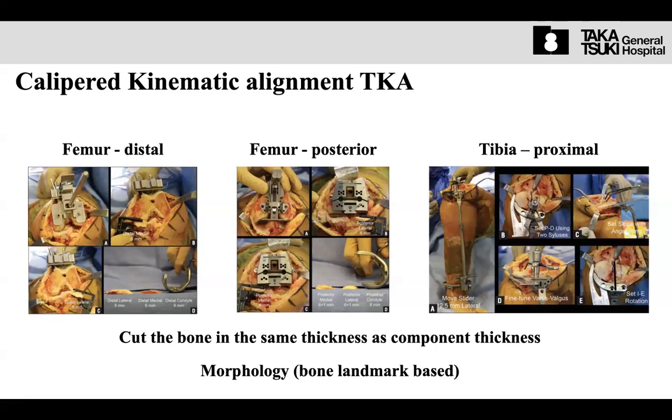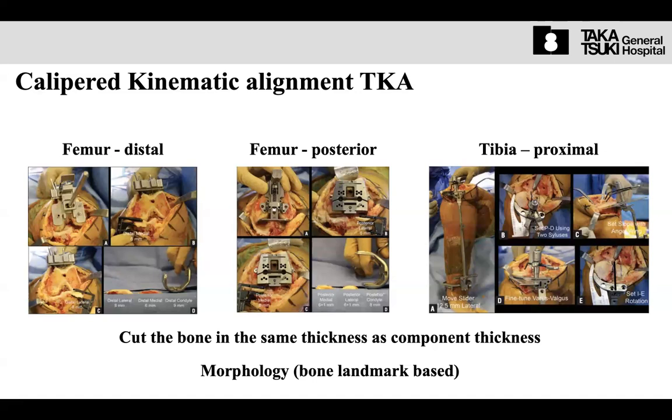Okay, that's it. How about the posterior side? Most patients have intact posterior cartilage on both the medial and lateral condyle. In such patients, put on the femur sizer and adjust the rotation to 0 degrees.